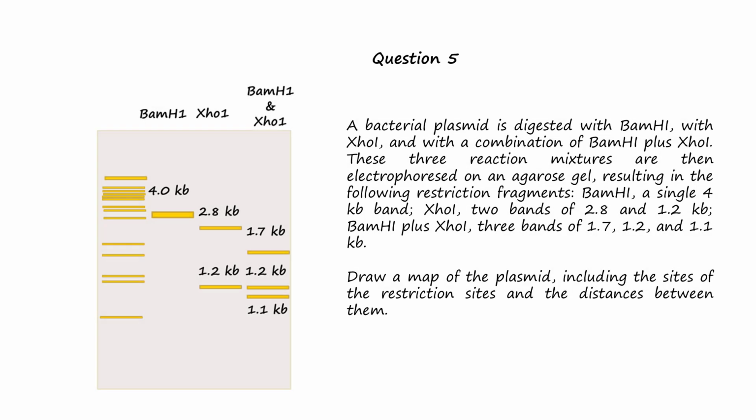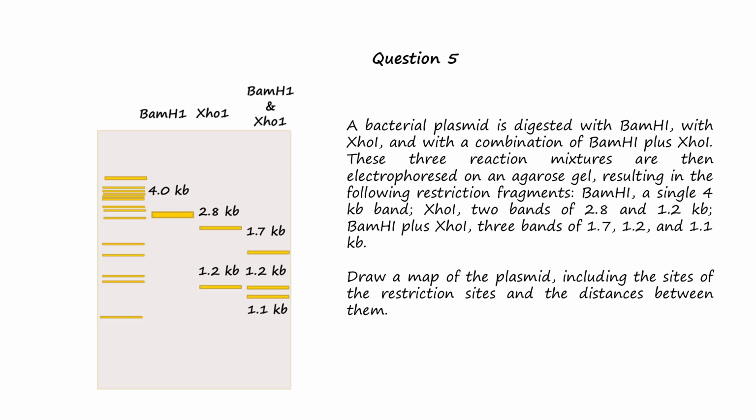Question 5. A bacterial plasmid is digested with BamHI, XhoI, and a combination of BamHI plus XhoI. These 3 reaction mixtures are then electrophoresed on an agarose gel, resulting in the following restriction fragments.